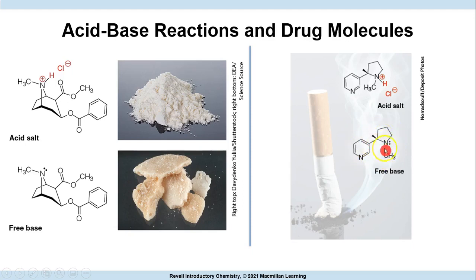This is nicotine. This reaction leads to the consumption of nicotine in high amounts, which leads to addictive behavior, and smokers have the tendency to keep smoking, and that is how they keep selling the cigarette products.